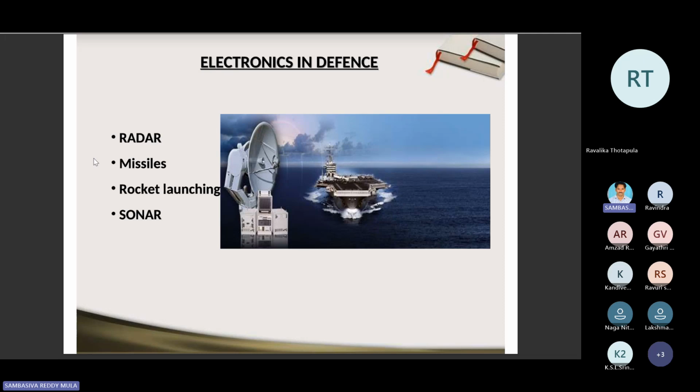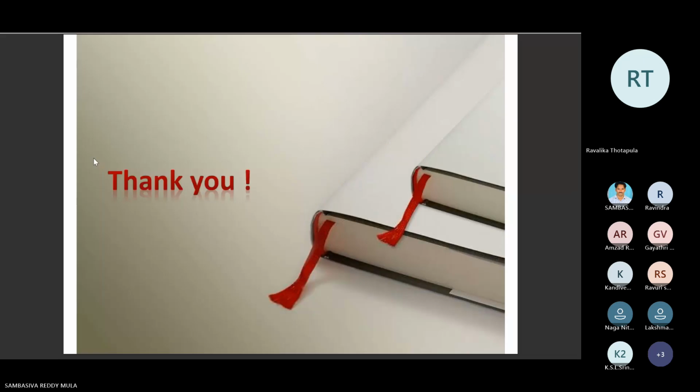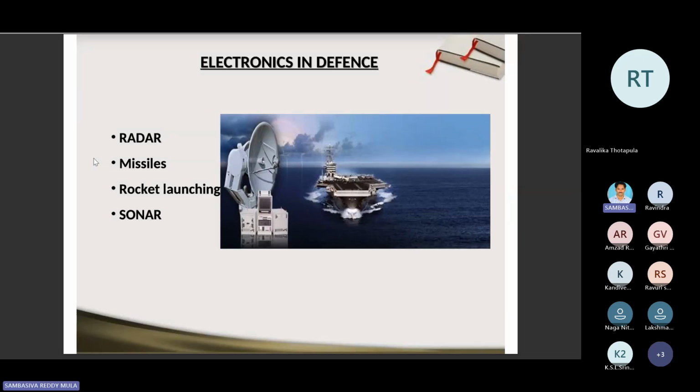Sonars are used for detecting sound waves underwater, in seas. Radars, as we know, can detect unauthorized aircraft moving across borders. So these are the applications of electronics.